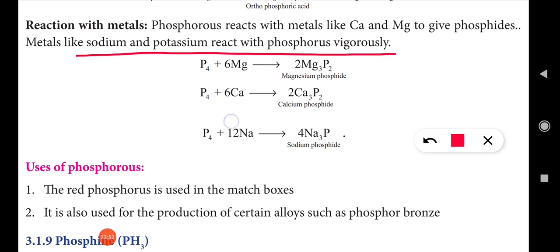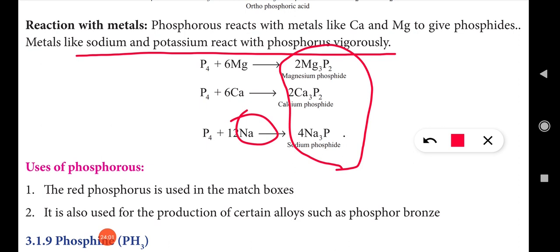In all the cases they will form phosphides. So phosphorus reacts with magnesium to form magnesium phosphide, with calcium to form calcium phosphide, and with sodium to form sodium phosphide. That's all about chemical properties of phosphorus.